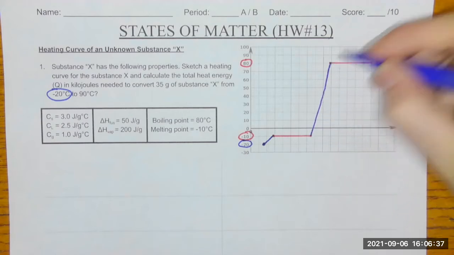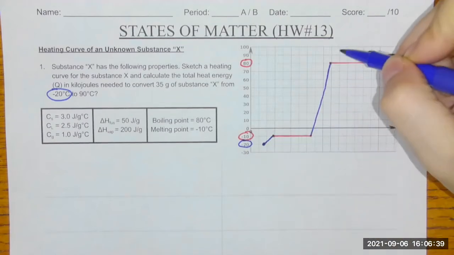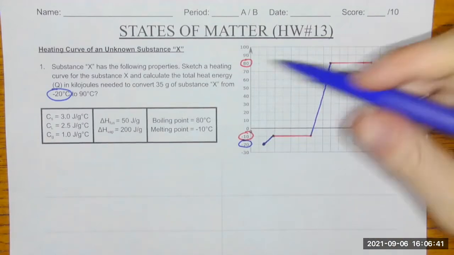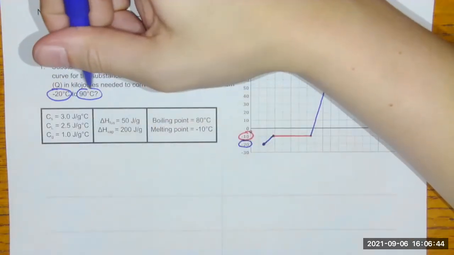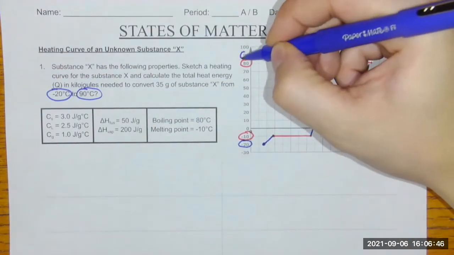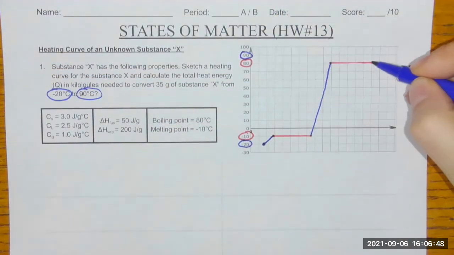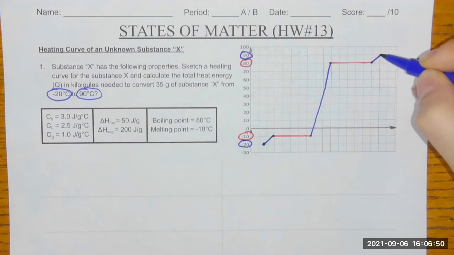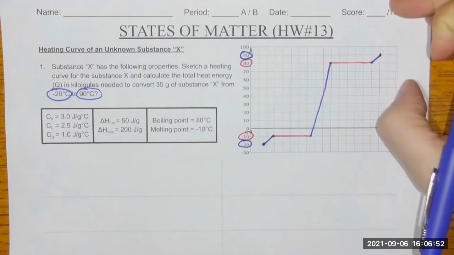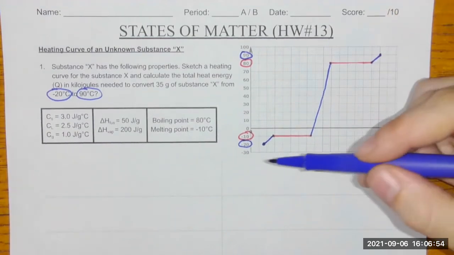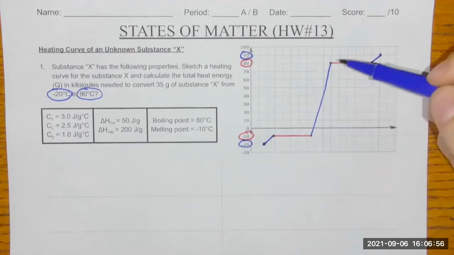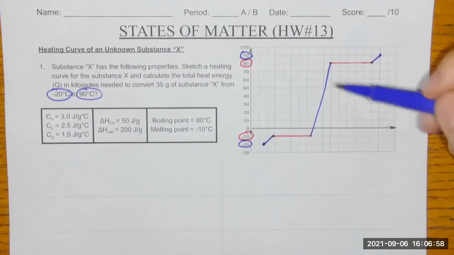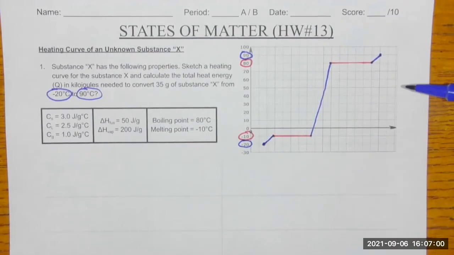I didn't really think that through. Over, and then up to 90, so just a little bit further. Maybe like that. Doesn't have to be like mine, as long as it's got some diagonals and looks generally like this shape, it'll be good. Don't worry too much if you have the same slopes as me.